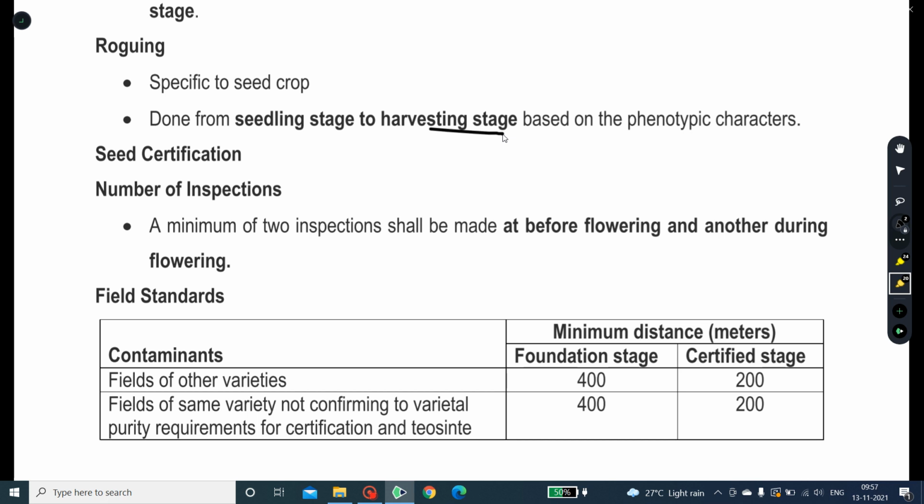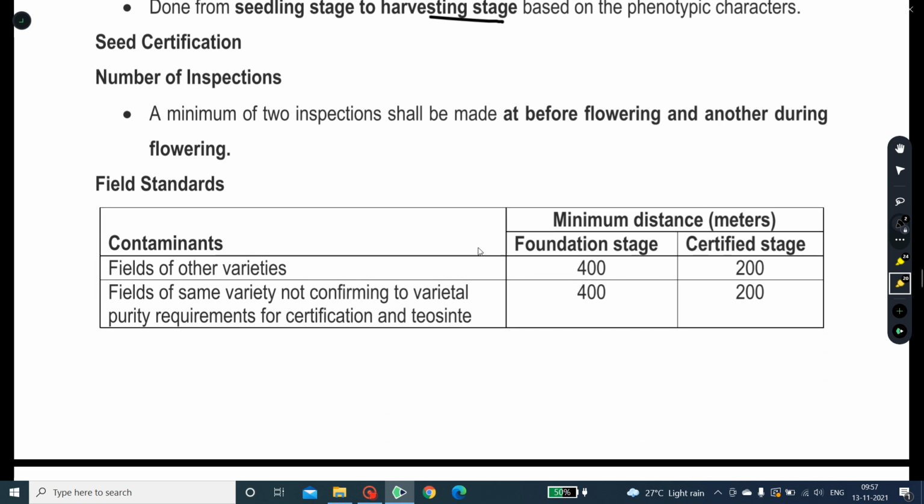The field standards for a seed crop are as follows. The first important one in case of seed certification is the number of inspections. A minimum of 2 inspections shall be made, both during flowering.